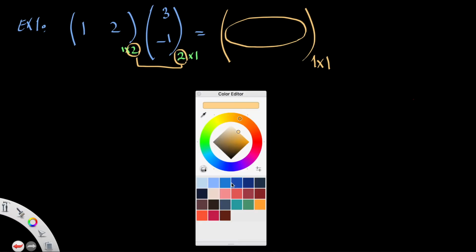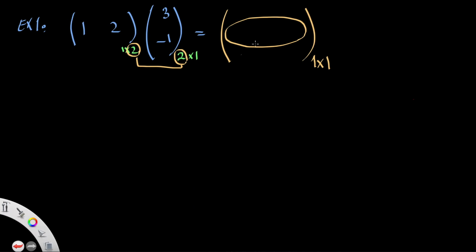Now the question is how to find this element. First, look at the location of this element, the address of this element. It is located in the first row, first column. So go for the first row of the first matrix and first column of the second matrix.